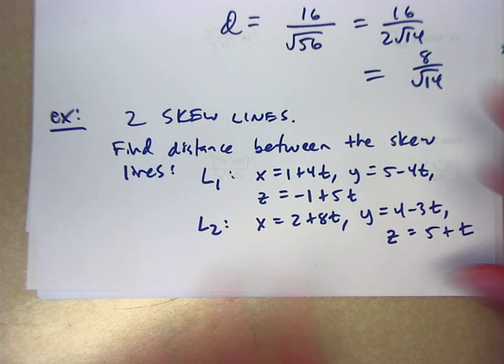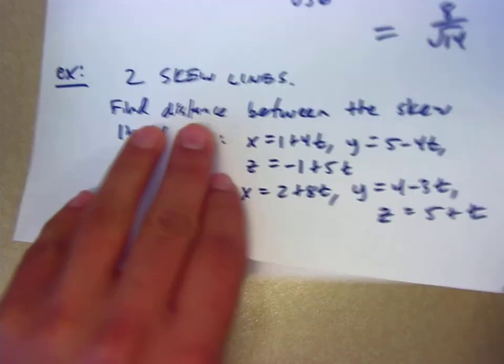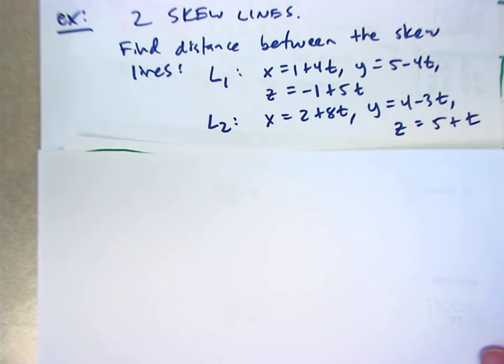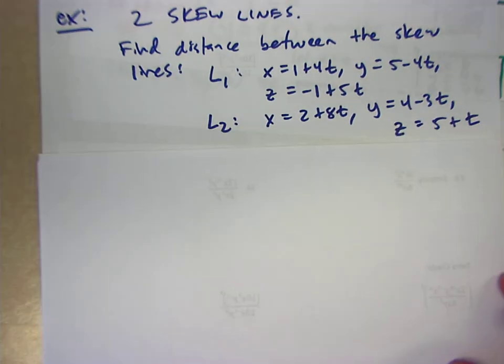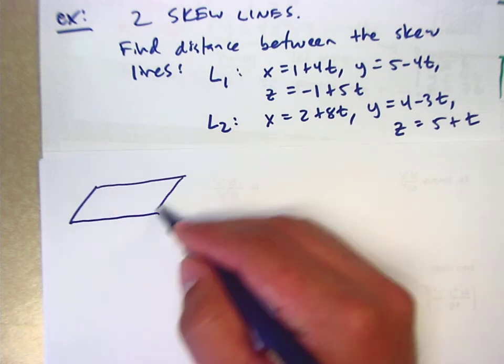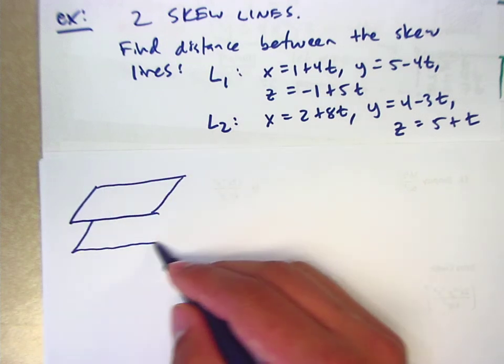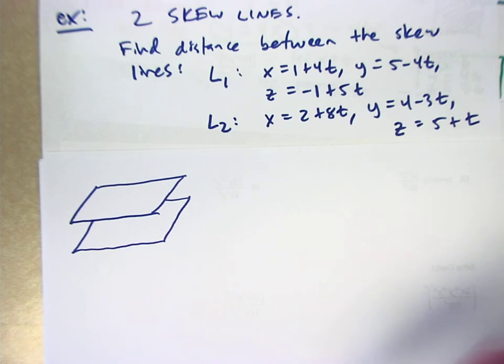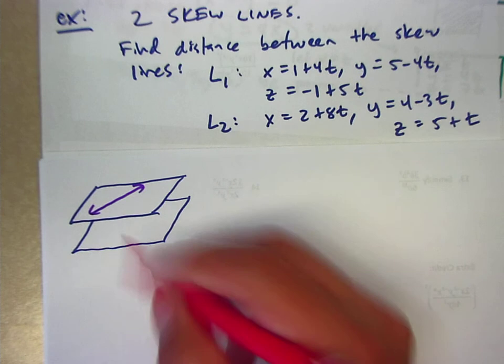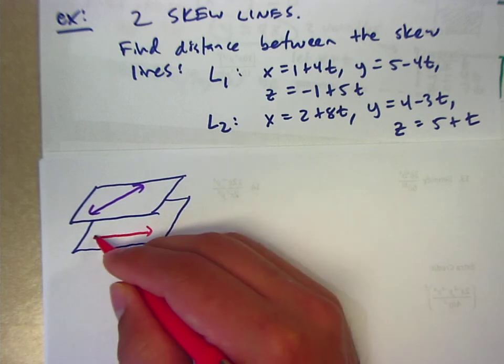Okay, and probably the easiest way to visualize what we're going to do is to draw a picture very similar to the previous example. Okay, if we have 2 skew lines, you can imagine that we have 2 parallel planes and that we just have a line on one plane and a line below over here. So these lines are skew.